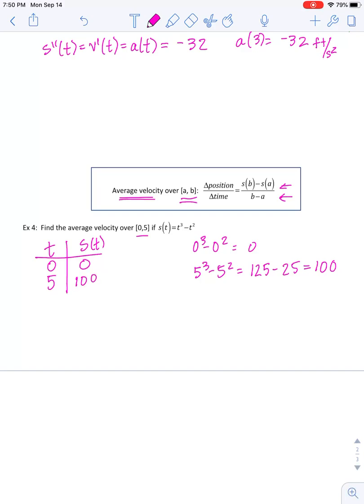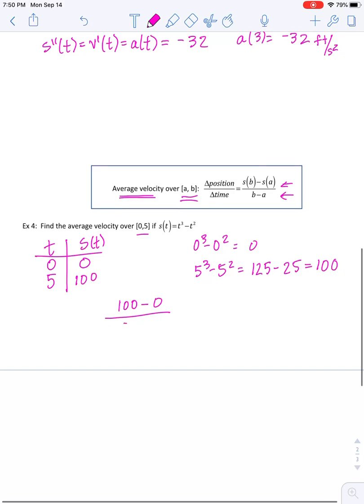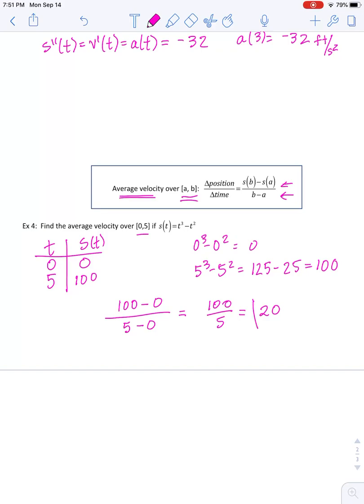So we're now going to just find the slope between those 2 points. So 100 minus 0 for my numerator over 5 minus 0 for my denominator gives me 100 divided by 5. And my average velocity for this one would turn out to be 20 feet per second, miles per hour, whatever units they would give you. Okay, so that would be distance per time since it is a velocity.